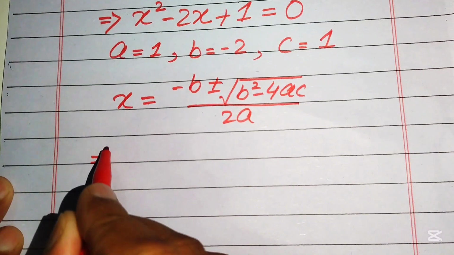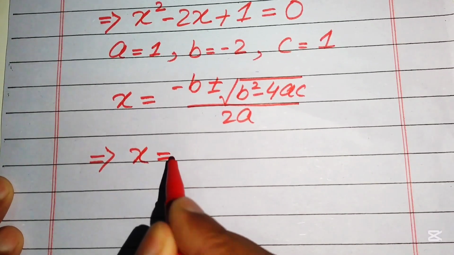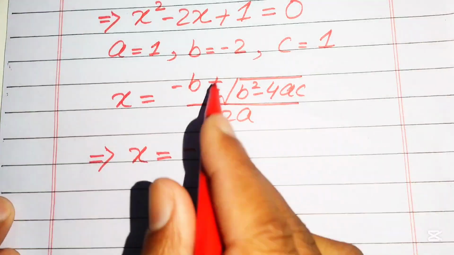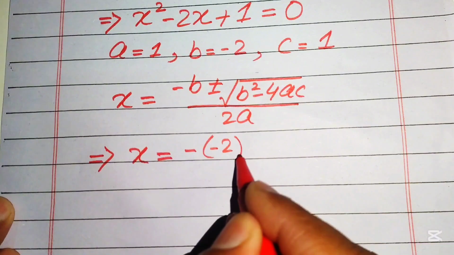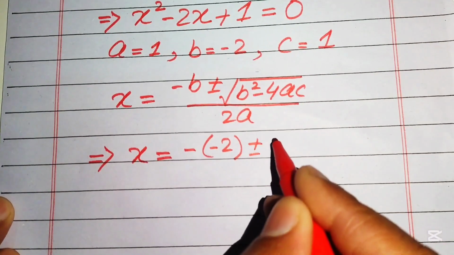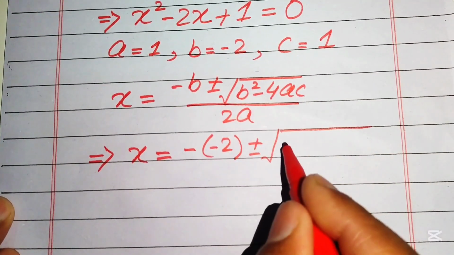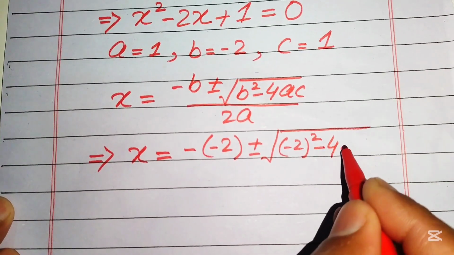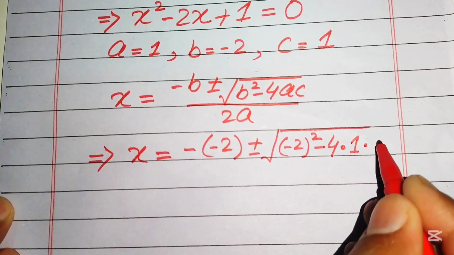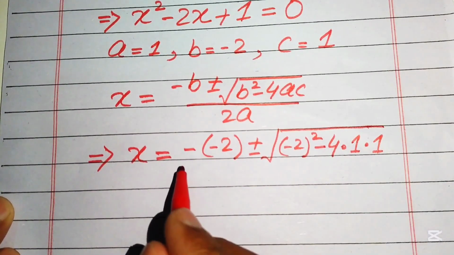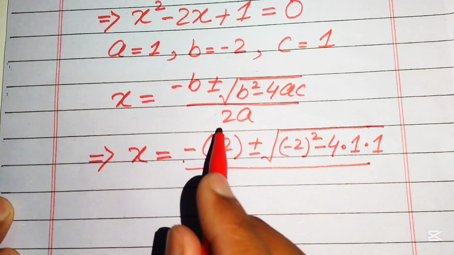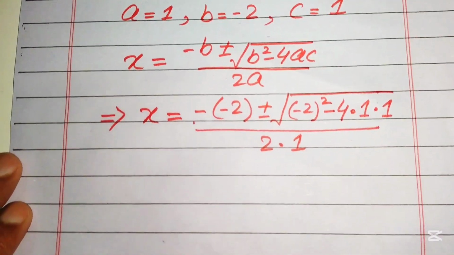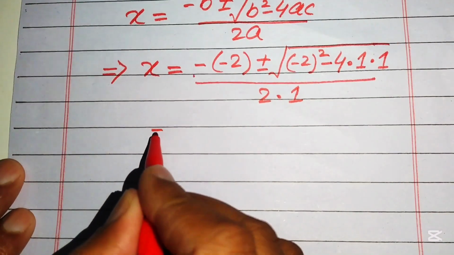So x equals minus b, and the value of b is minus 2, so this is minus times minus 2, plus minus square root of b square, so minus 2 square, minus 4 times a, which is 1, and c, which is also 1, divided by 2 times a, where a is also 1.